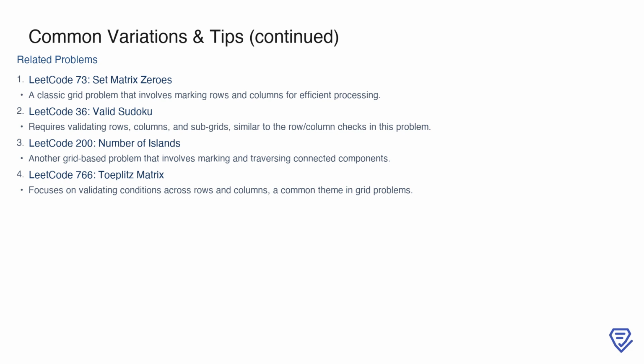LeetCode 200, Number of Islands, focuses on marking and traversing connected components in a grid, which is another common theme. Lastly, LeetCode 766, Toeplitz Matrix, involves validating specific conditions across rows and columns. Studying these problems can provide valuable insights and help you recognize recurring patterns in grid-based challenges.